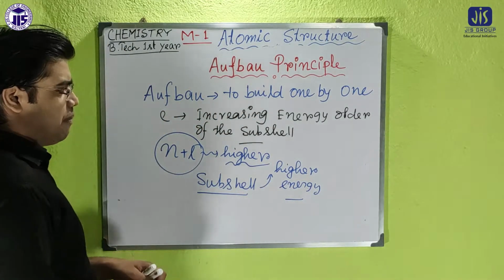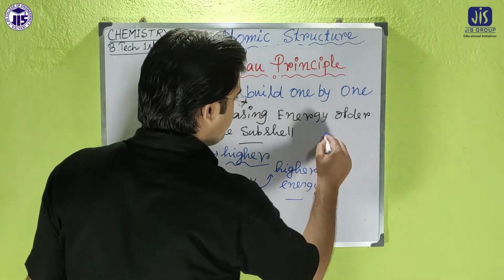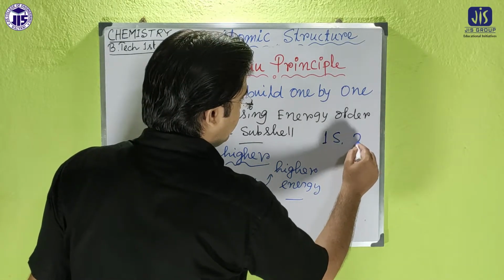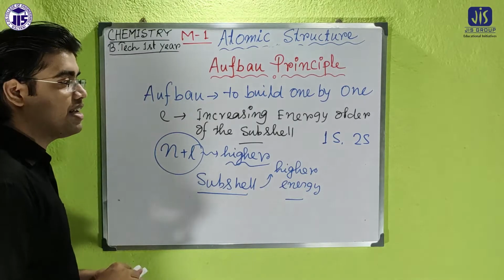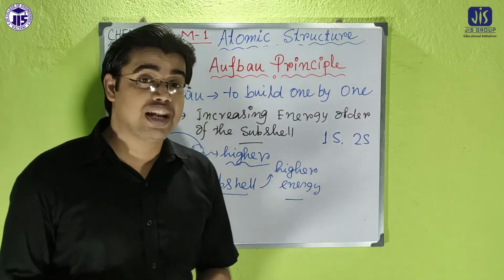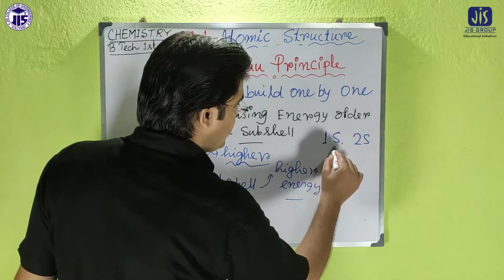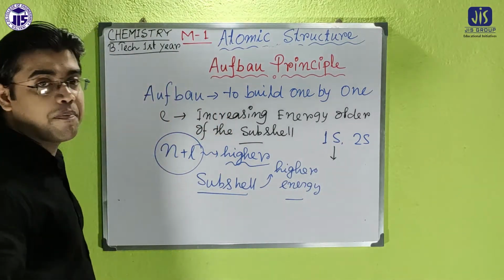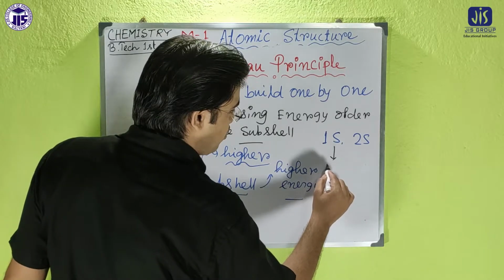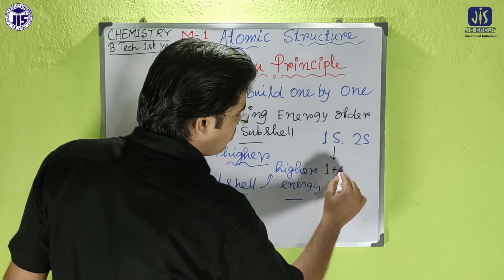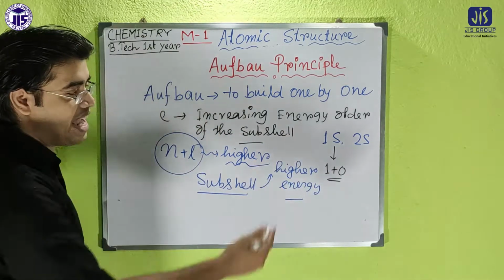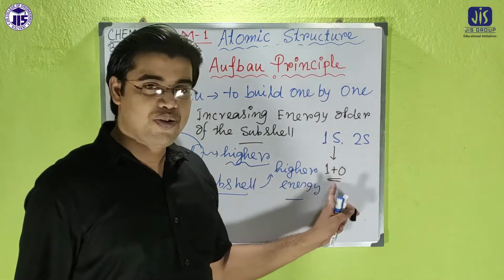The common example: between 1s and 2s, how can you understand which subshell has higher energy? For that purpose, you have to calculate the n plus L value. For 1s, the n value is 1 and the L value is 0, since you already know that for the s subshell the L value is 0.